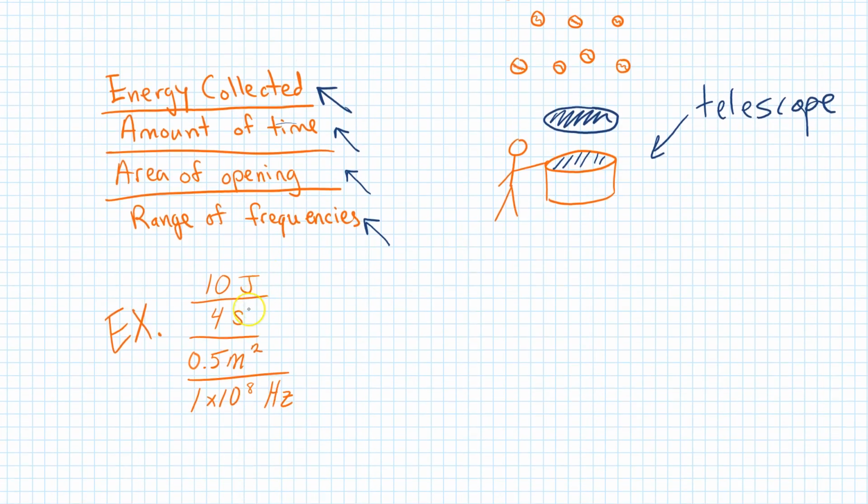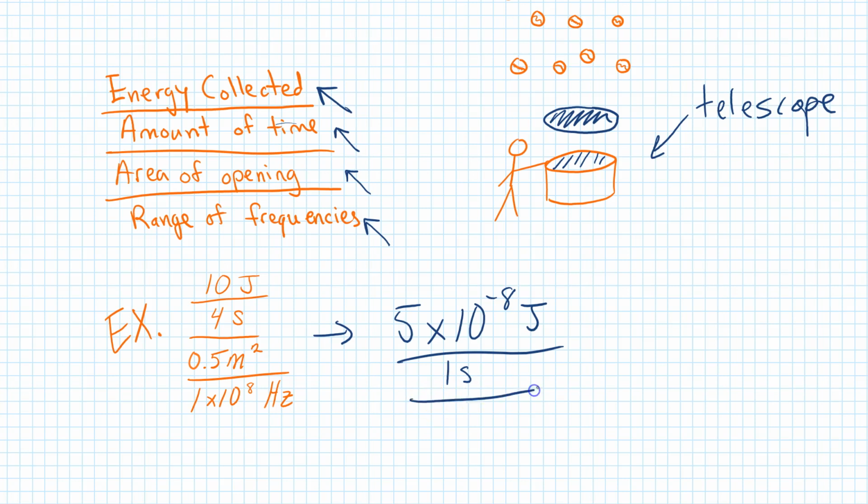So here's an example. Let's say I collected 10 joules over the course of 4 seconds over an area of half a meter squared, and this is my frequency range, and I just randomly chose these numbers. If I do the math here, 10 divided by 4 is 2.5, divided by a half is 5, and divided by 1 times 10 to the 8th, so that would be 5 times 10 to the minus 8th joules for every 1 second of collection, for every 1 square meter I had as an area opening, for every 1 hertz of frequency range.